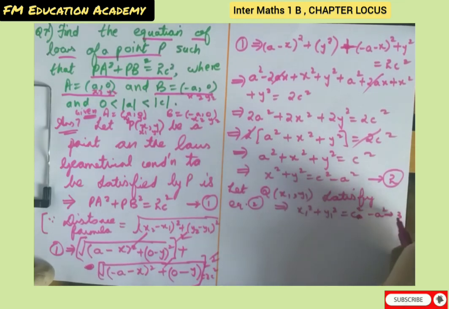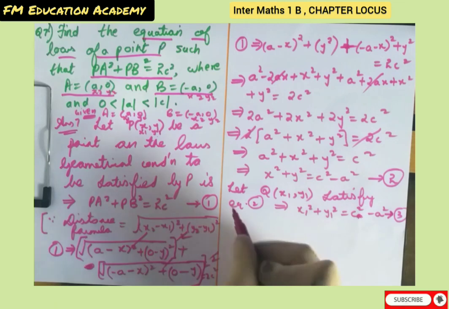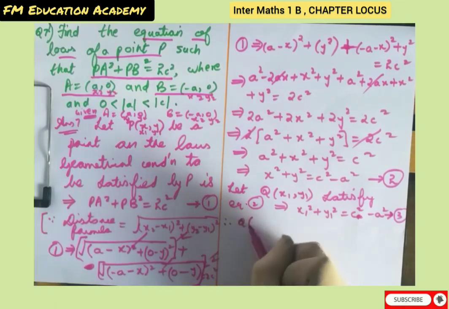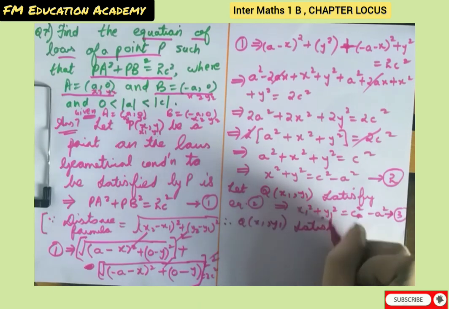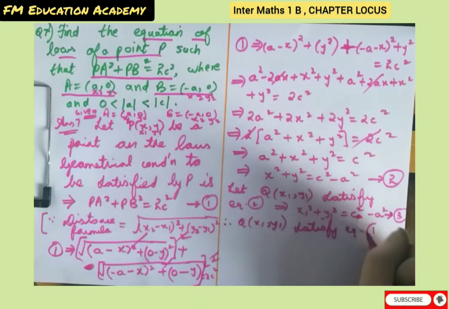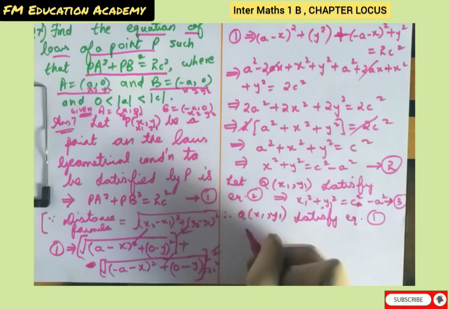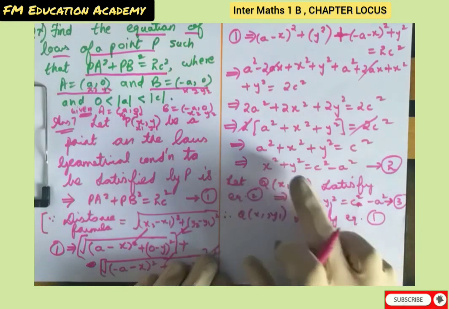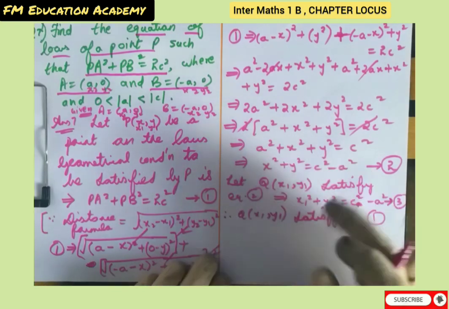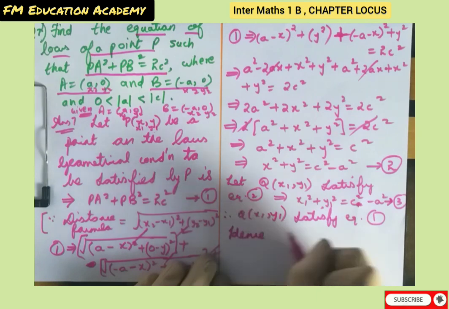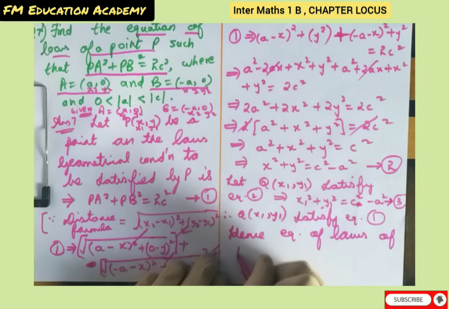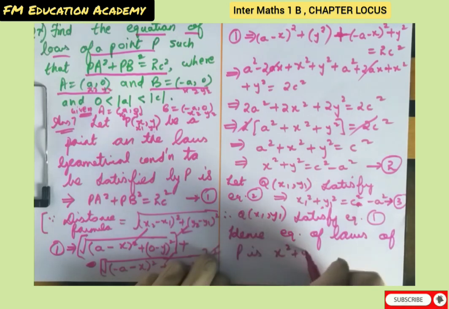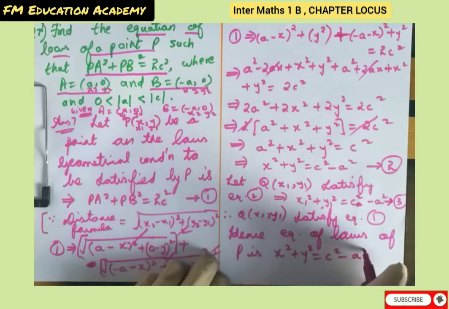This is our equation 3. So we can say that q x1 y1 will satisfy equation 1 also. So here we can say, what is the equation of locus? X square plus y square is equals to c square minus a square. Hence equation of locus of P is x square plus y square is equals to c square minus a square.